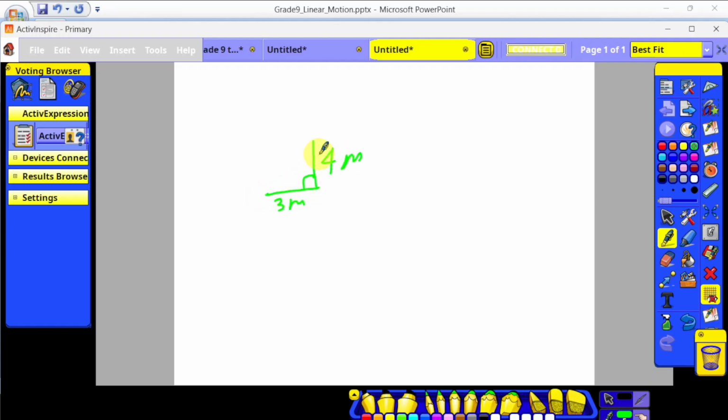What is the distance covered by this car if it starts from point A, then B, C? The car moves from point A to point B 3 meters, and from B to C 4 meters, and if it's 90 degrees, then the distance covered by this car is S equals 3 plus 4 meters, which is equal to 7 meters.